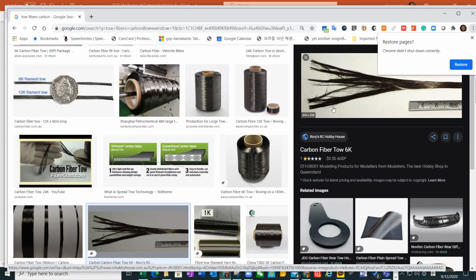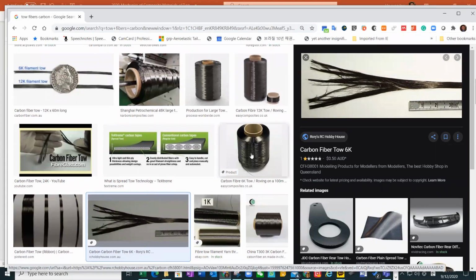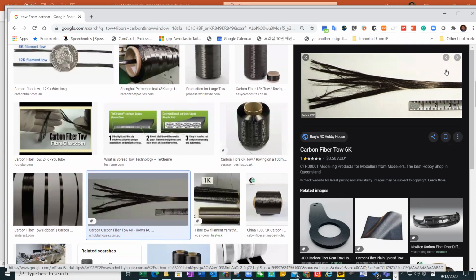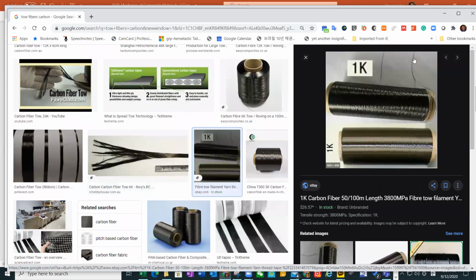So this whole bundle is called a toe. When they produce the carbon fiber, they wind the toe over a bobbin, and this is what they sell. They sell it by this bobbin with fibers in the toe. Okay, 1K means that this one toe has 1,000 fibers.